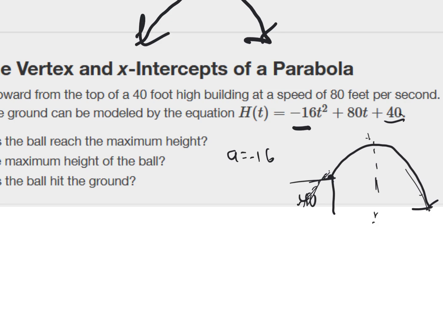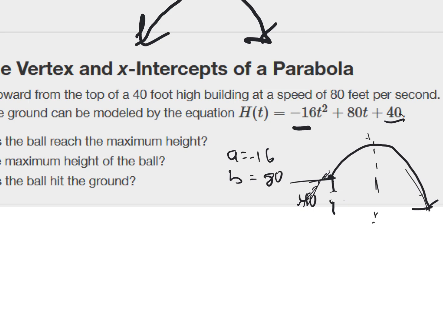Because gravity pulls the ball down, and so that's why you get an upside down parabola. b is 80, but it's not the height of the building.